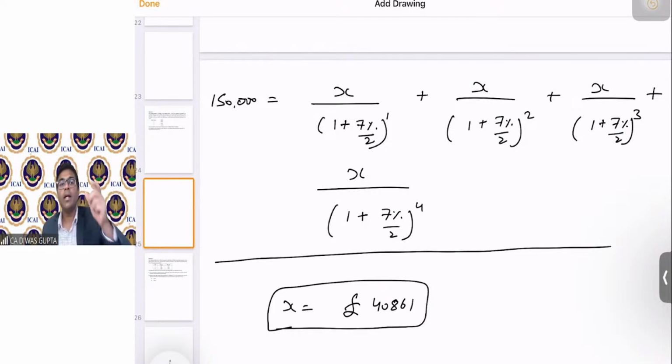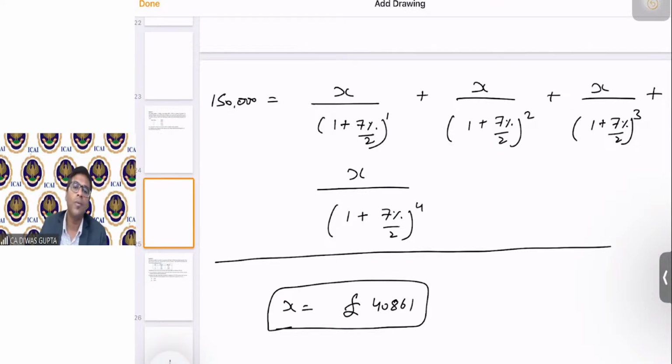So this is an equalized annuity amount kind of a number, right? 40,861 pounds for four different reset periods of 6 months each. If they are taken to the present value as on today, it will be 1,50,000.